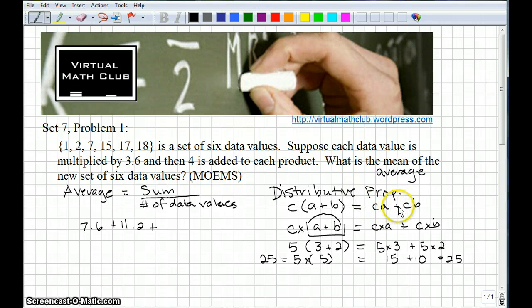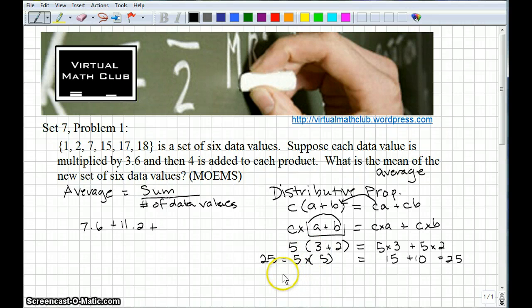And it also works backwards. If you can factor out a c from the things you're adding up, then you can go backwards and write it like this. So it works in both directions. And that will be handy to use in order to simplify your arithmetic here.